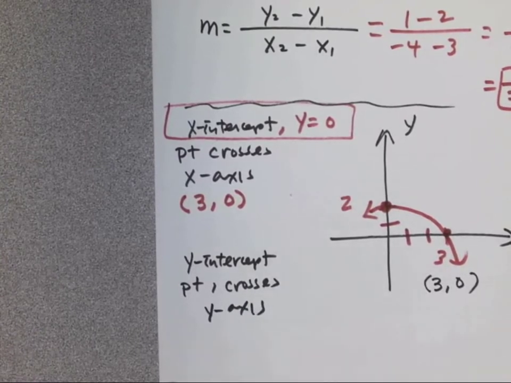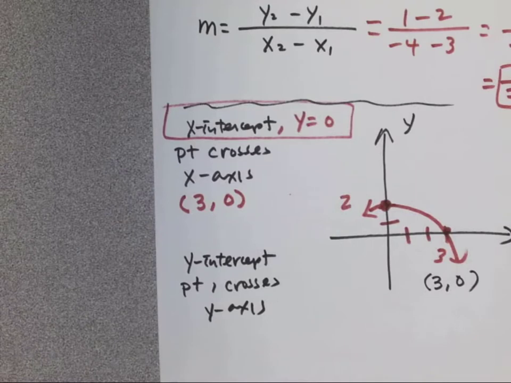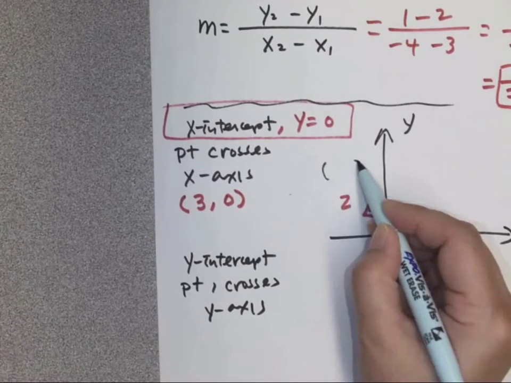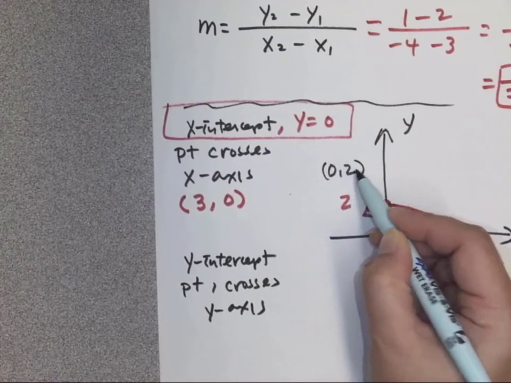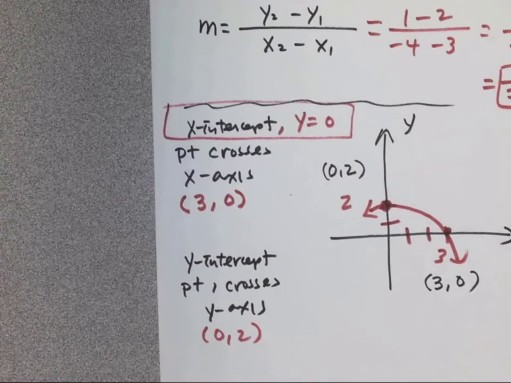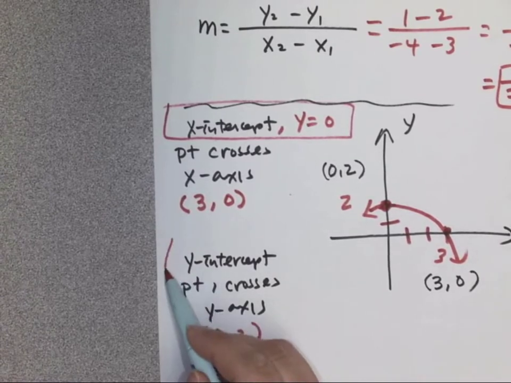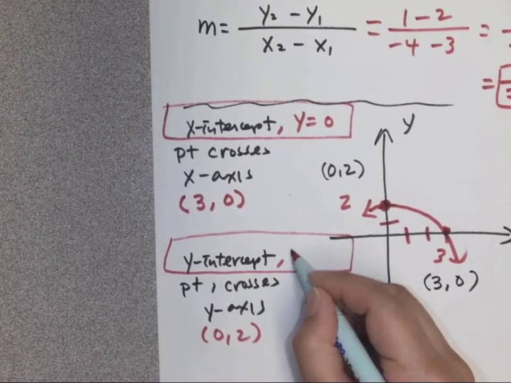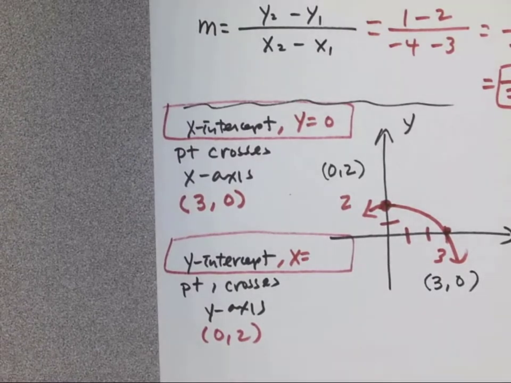For this particular graph, your y-intercept is? Okay, x equals 0, y equals 2, right? So it's going to be (0, 2). What I want you to remember is that for the y-intercept, x always equals 0.